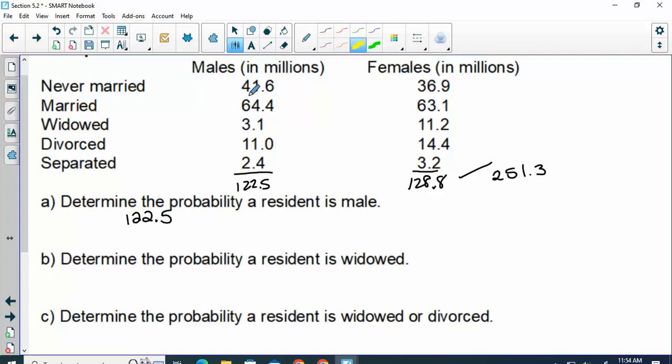You just add up your male column, out of how many total? 51. Right? Can we get $7.5 approximately.